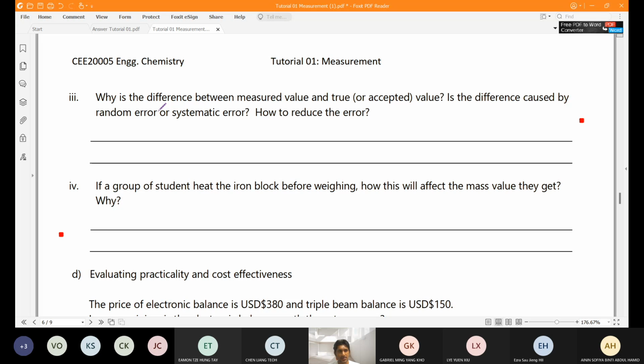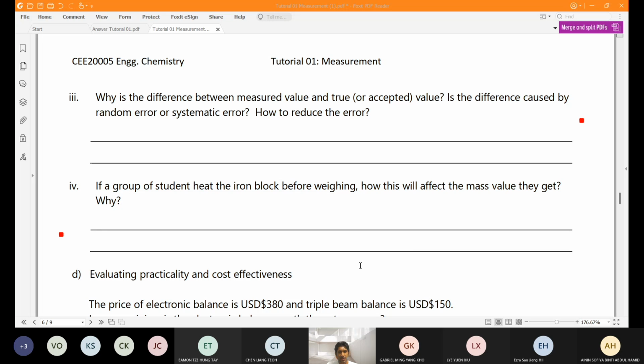Is the difference caused by random error or systematic error? How to reduce the error? The question is simply asking why we have this type of error, or different measured values. The difference between the measured and the true values is based on systematic error, because we are not having random error here. This is the systematic error inherent in the measuring instrument, that is the balance.